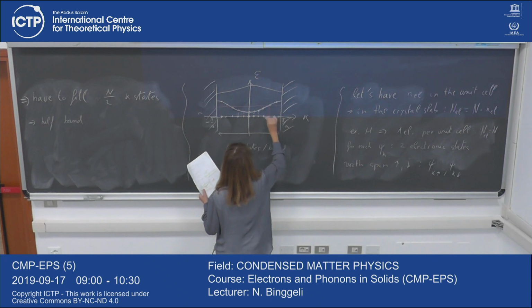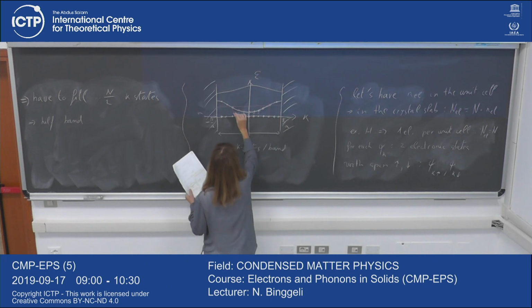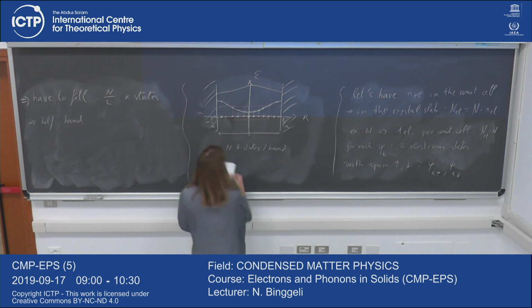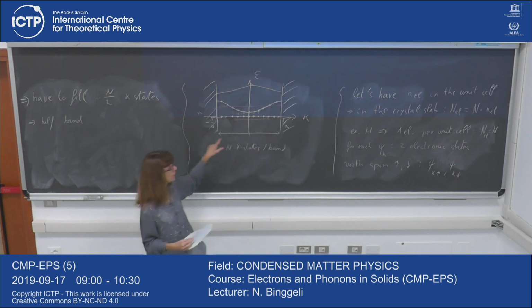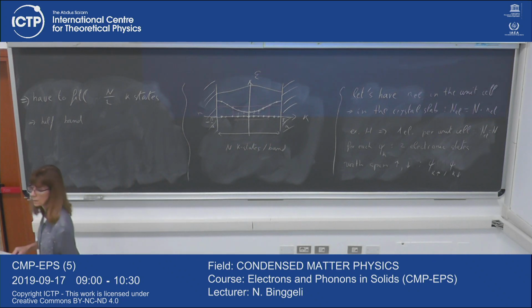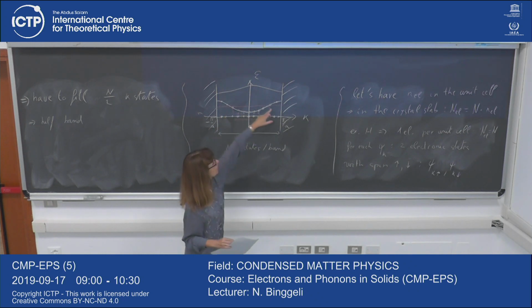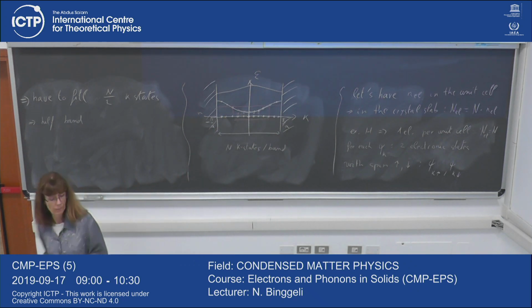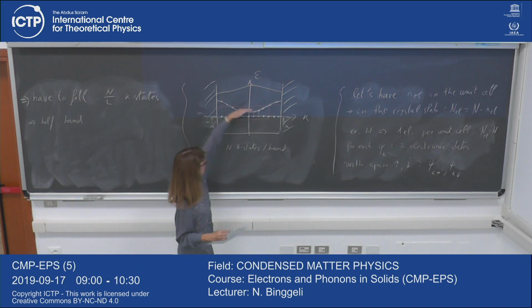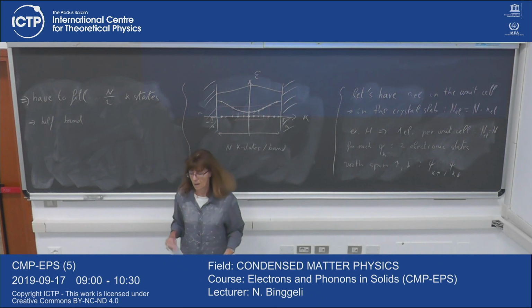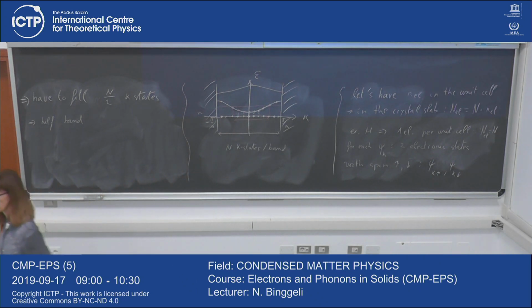So the region I have here must be exactly half of the length of the Brillouin zone. So in this region I will have exactly n over 2 states, and I will fill my bands up to the position where this length is exactly half of the length of the Brillouin zone.